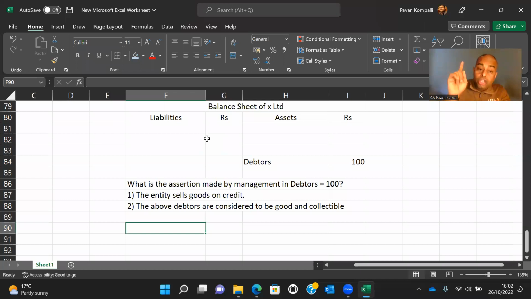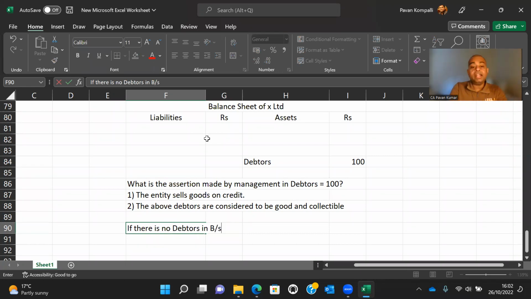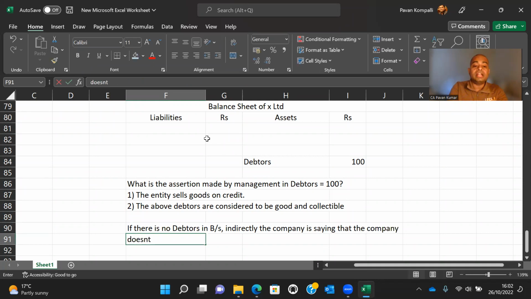Now you tell me, if there is no debtors in balance sheet, indirectly the company is saying that the company doesn't sell goods on credit.